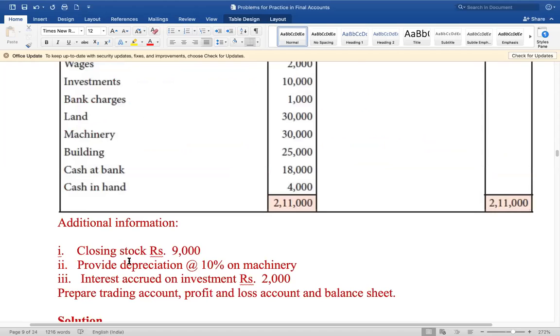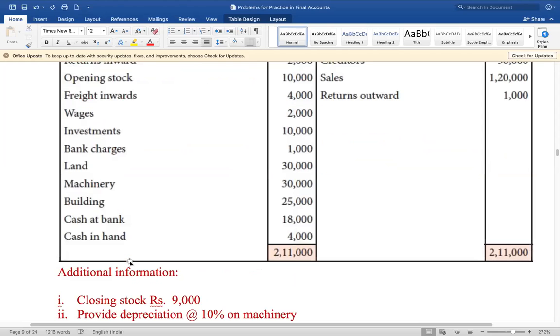Read out. Shall I take bank charges? Shall I take land? Shall I take building? Shall I take cash at bank? Those who are online, I want you to respond, not those who are offline in the classroom.